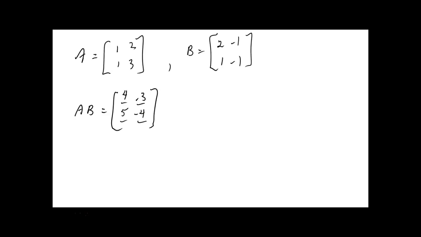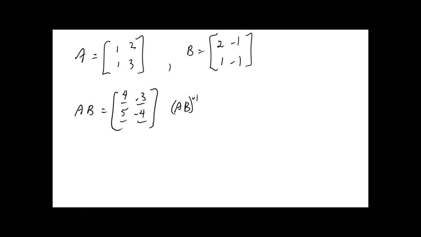The next thing it said to do, in fact the first thing it said to do, is find AB inverse. Okay? Now, how do you find the inverse of this matrix? Find the determinant first.